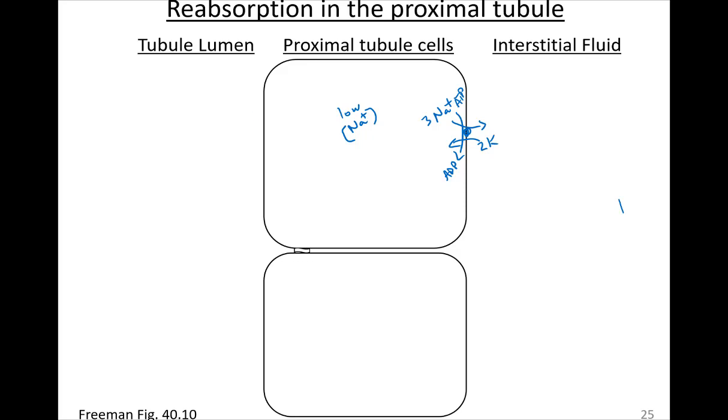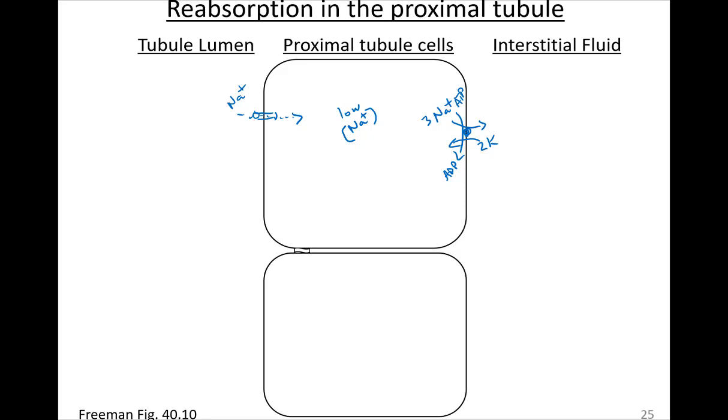That in turn allows sodium to move passively down concentration gradients through sodium channels, and so sodium moves from the lumen into the cells by passive transport through channels, and then gets pumped out actively across the basolateral membrane into the interstitial fluid.